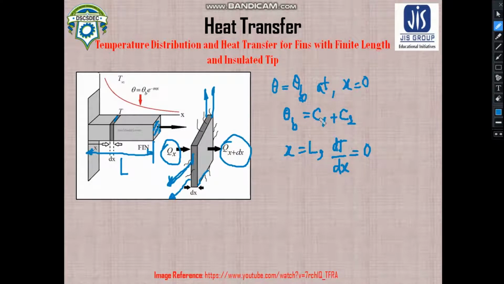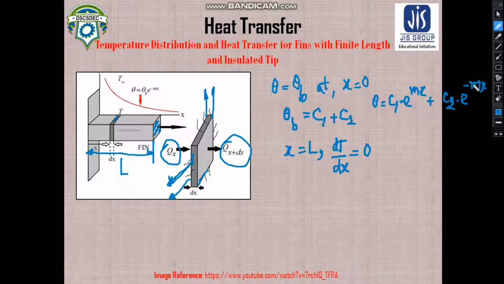So if you just derive this equation, the equation which we had derived, if you remember, the general equation of temperature distribution, which goes on changing depending on the boundary conditions: C1 into e to the power mx plus C2 into e to the power minus mx.